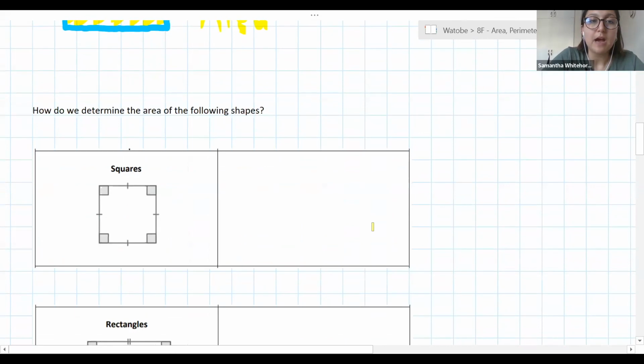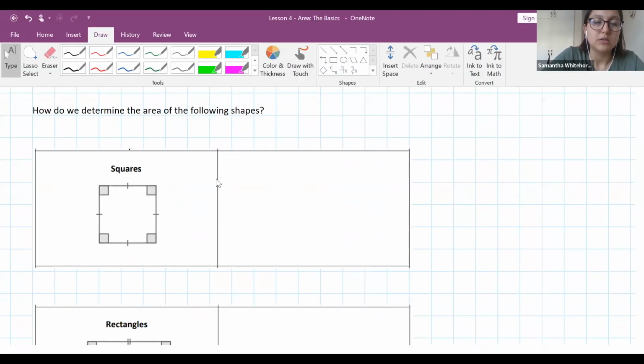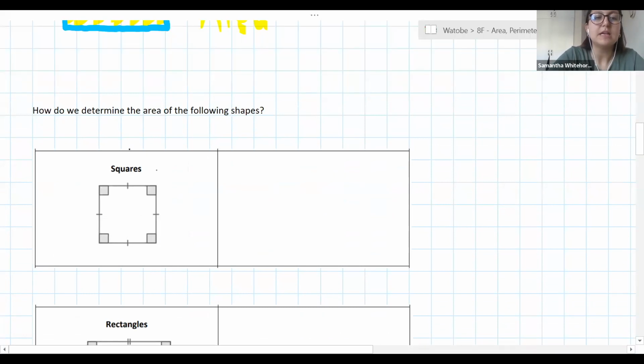Okay, so our first shape that we've got here is a square. Now, importantly to remember is that a square's sides are all the same length. We know this because of these little tick marks on here.